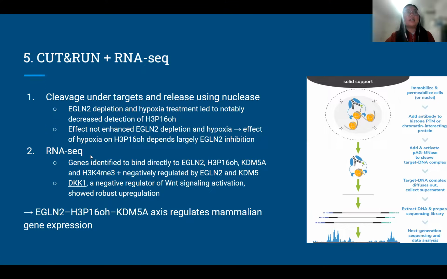And then they also did RNA sequencing for the genes identified to bind directly to EGLN2 and all the things we've talked about that are involved in this mechanism. And they also, of course, identified genes that are negatively regulated by EGLN2 and KDM5. And yeah.